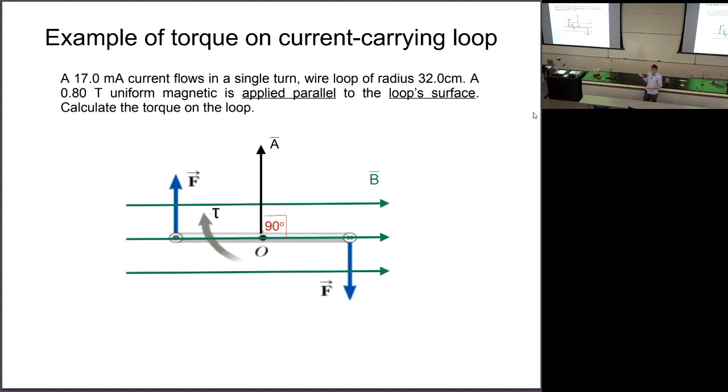Those are all the ingredients of the magnetic moment, mu, which is given by NIA. N is 1, I is 17 milliamps, and A is pi times 32 centimeters squared. So we've been told the magnetic moment. We're then told the magnetic field, and we're asked to figure out the torque. All we've got to do is multiply that magnetic moment with that magnetic field to find the torque. So let's do that.